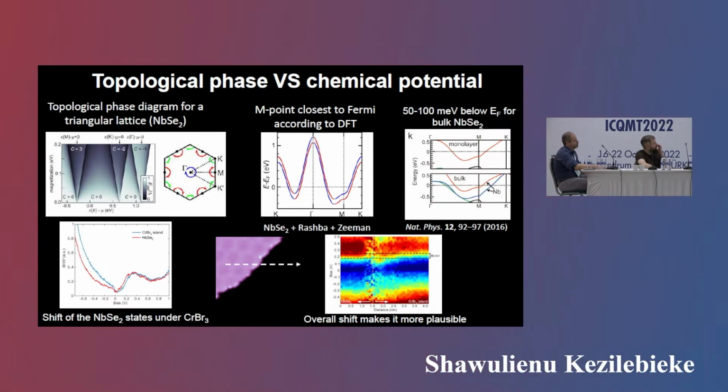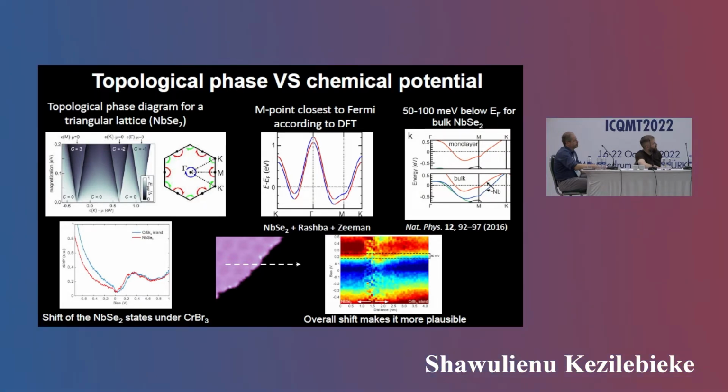We can also check experimentally whether we have this kind of shift or not by looking at the STS spectroscopy. Here, this STS spectrum is taken on bare niobium diselenide, and this peak corresponds to the d band of the niobium.